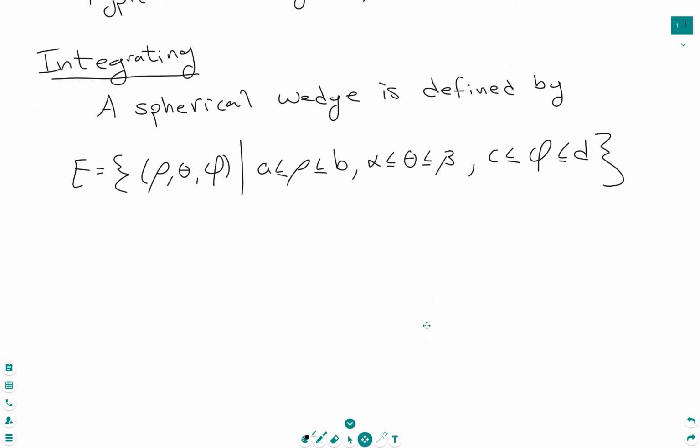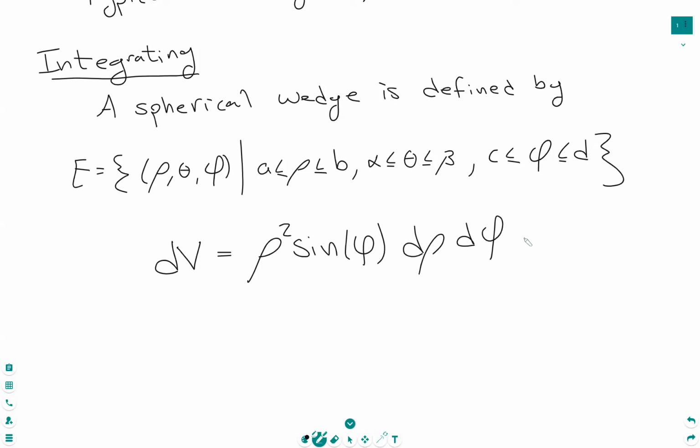Just like we've done before for volumes, if we wanted to approximate the volume of an object, before we used cubes and added them up. Same thing here. If we want to do a volume in spherical coordinates, we'll use these spherical wedges. And if we do that, we find that dV is equal to rho squared sine phi d rho d phi d theta, where these are in no particular order.